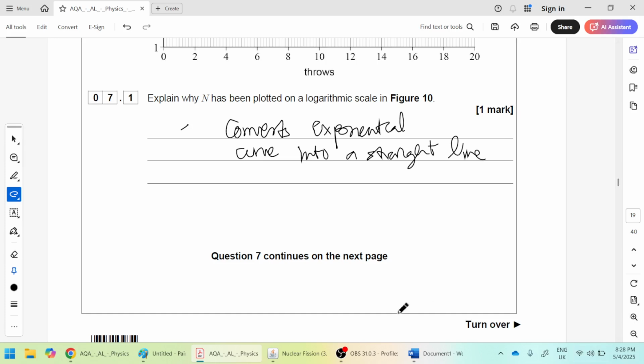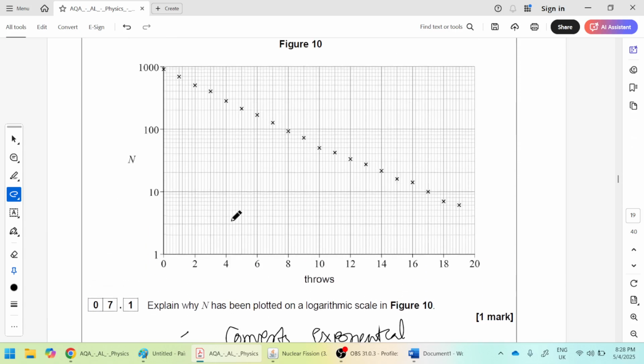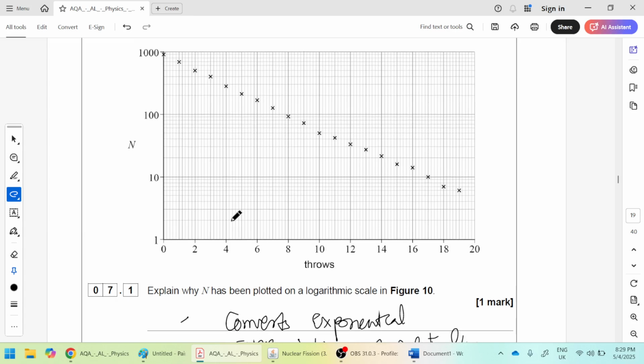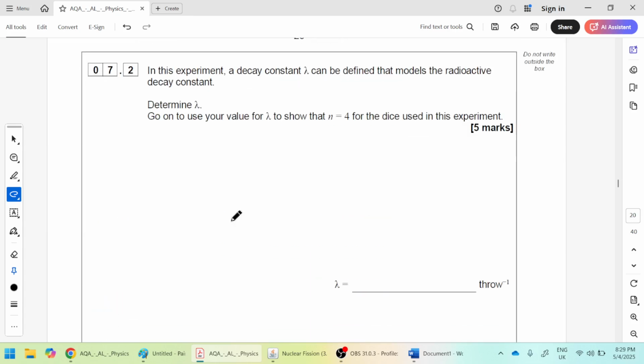Yeah. So logarithmic scales are normally used to make huge ranges of data fit onto a piece of paper when you're dealing with a very, very large range. Otherwise, the graph would be really huge and it wouldn't fit on the paper.